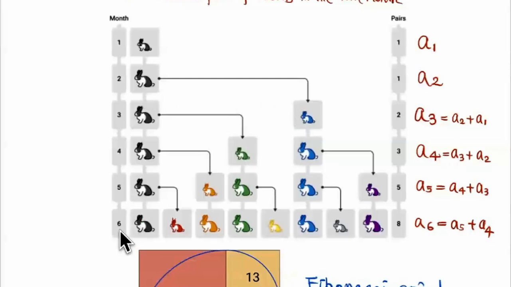Then at the end month, for example, let's say 12 months or 10 months after, how many pairs of rabbits do we get?